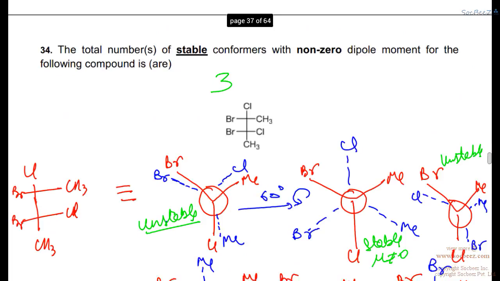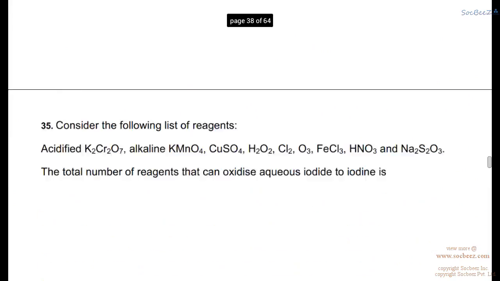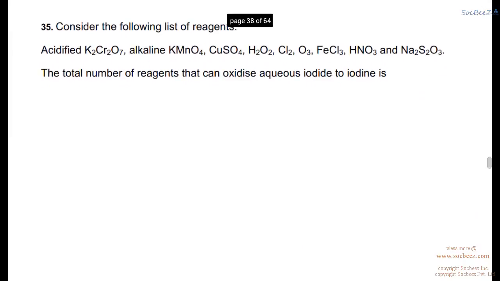Okay, so now let's see another question. Question says, consider the following list of reagents: acidified K2Cr2O7, alkaline KMnO4, CuSO4, H2O2, Cl2, O3, FeCl3, HNO3, and Na2S2O3. The total number of reagents that can oxidize aqueous iodide to iodine is.